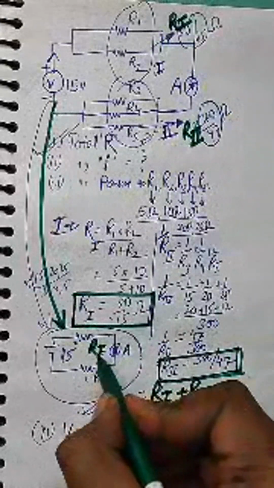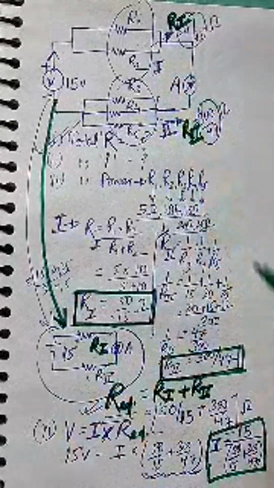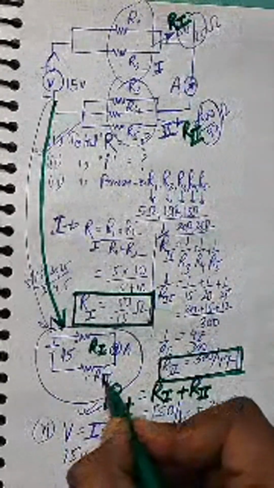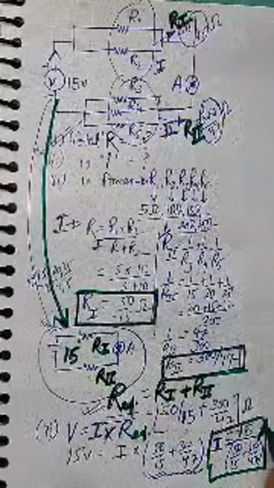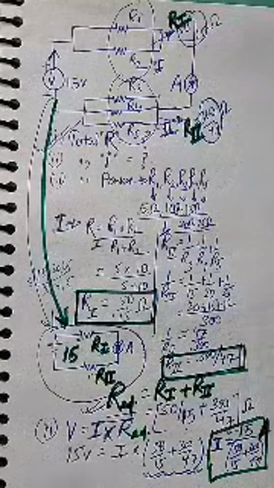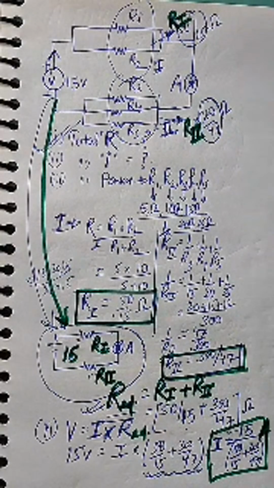R1, that is the equivalent for the two resistances in parallel, and R2, that is equivalent for these three resistances in parallel. And here 15 volt will be as it is. Applying Ohm's law, we get the current as equal to 15 divided by this much ampere. I'm not going into the calculations, my dear friend. I'm just showing you the steps, right?